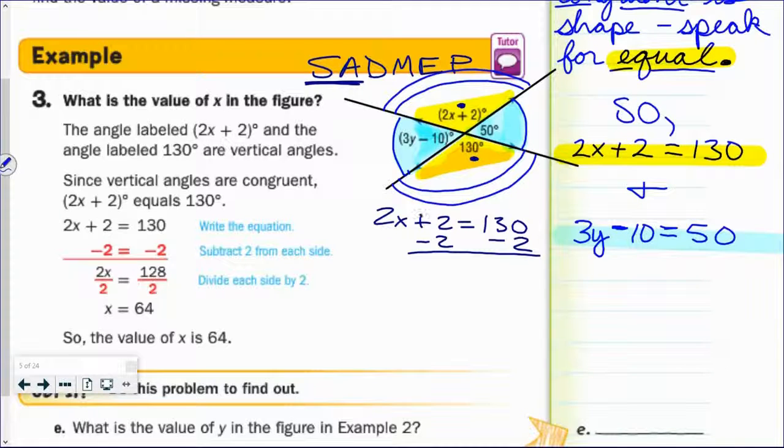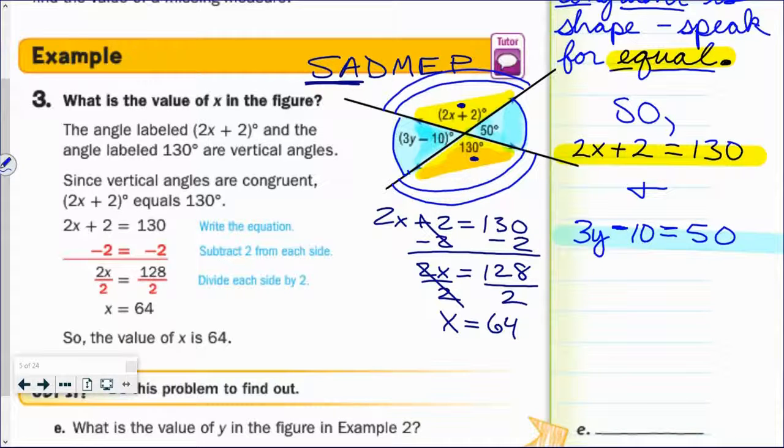When I subtract 2 from both sides, I'm left with 2x equals 128. And then I would divide by 2 on both sides. And so x will be by itself, and 128 divided by 2 is 64. So x is going to be 64.